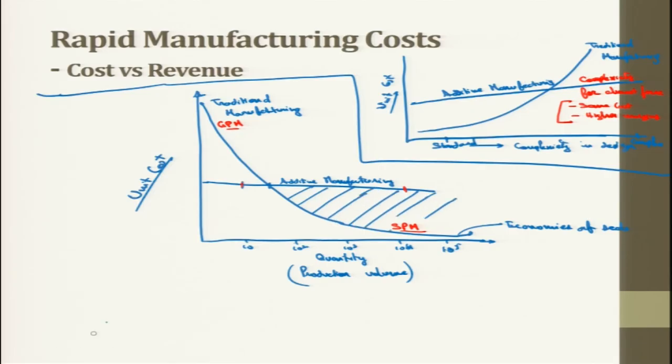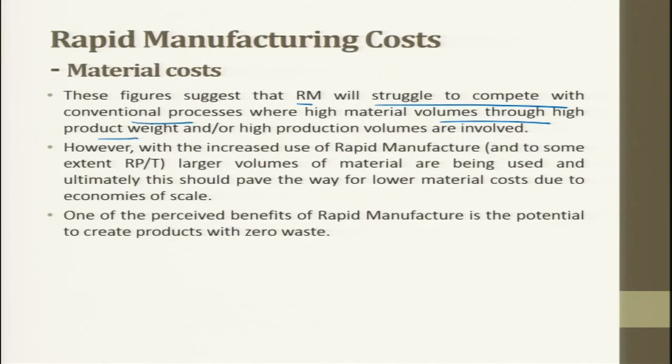In this region, traditional is better, and here, if the volume is lesser than this, additive manufacturing is better. So, this is the dividing line. The point I am trying to make is that where high material volumes and high product weight or high production volumes are involved, rapid manufacturing has to struggle.